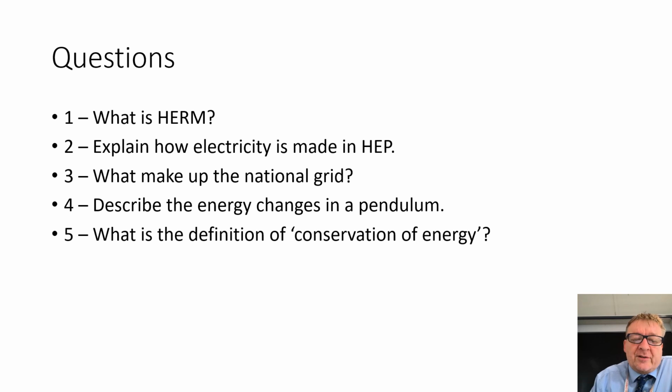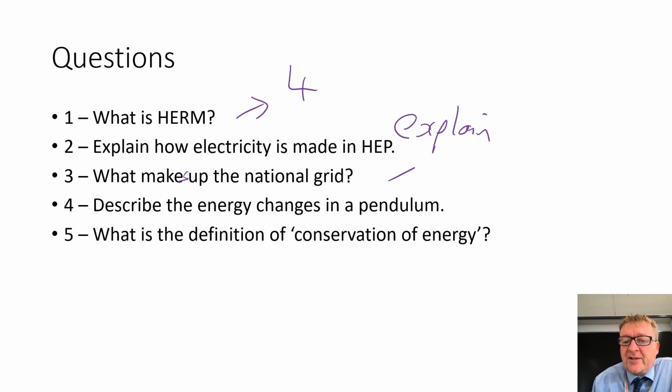Right, five questions. What is HERM? I want four words. Explain how electricity is made in HEP. I went through it very briefly. You need to explain in a paragraph. What makes up the national grid? It's on a little diagram. Describe the energy changes in a pendulum.